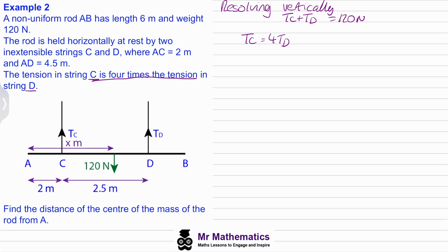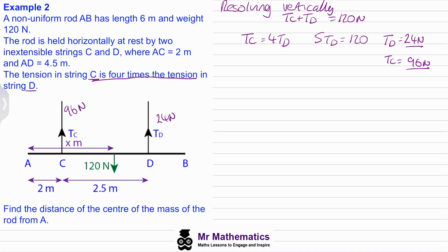So we can substitute this for TC, and collect the like terms. So 5TD equals 120, and the tension at D will be 24 newtons. Then substituting TD back in, TC will be 96 newtons. I'm just going to include these on our diagram: 24 newtons and 96 newtons.